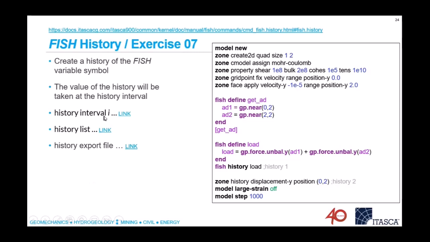Yeah, sorry, there's a history interval. So I think by default it's 1, but if you wanted to update that every 100 steps or something, so you don't get overwhelmed with data. But it's kind of nice because once you have that, you can plot it as a history chart. You can plot it against other data right in FLAC2D.